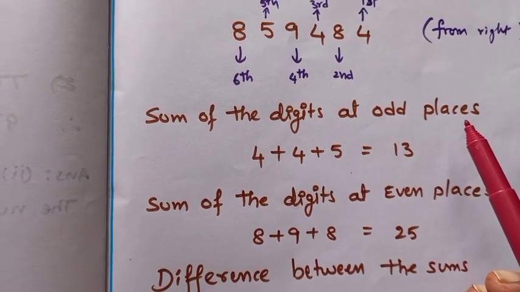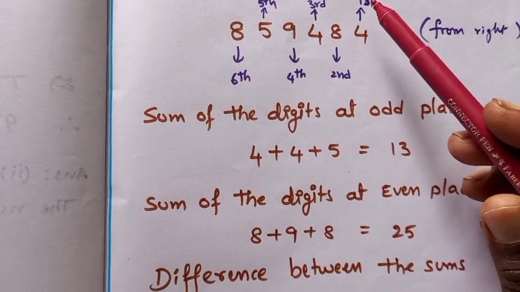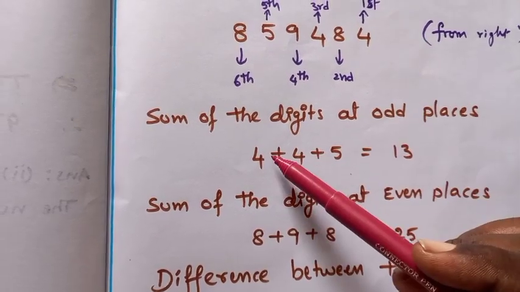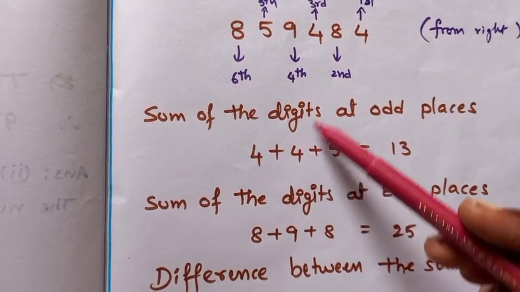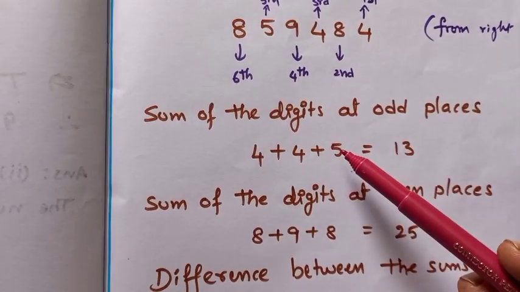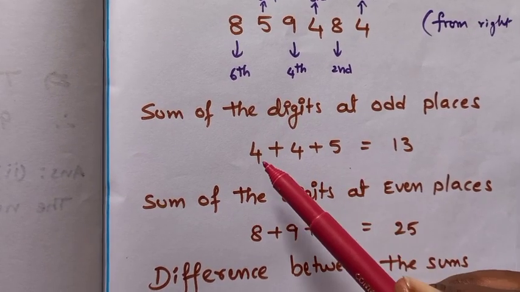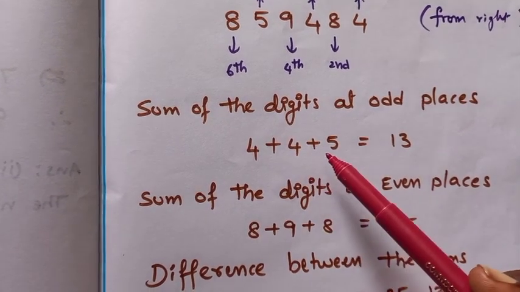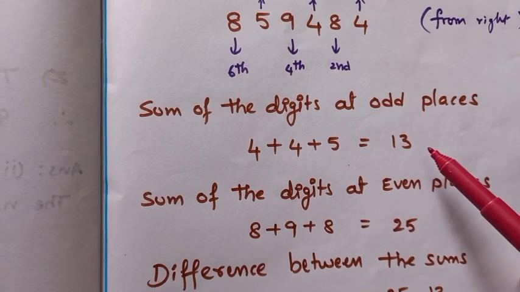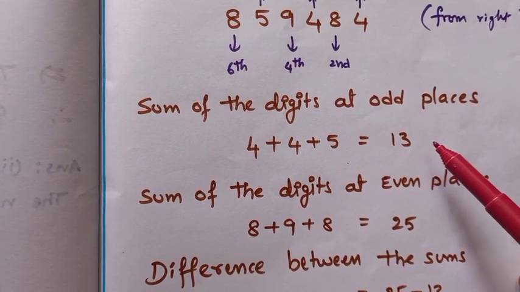Odd places means first place 4, third place 4, and fifth place 5. By adding all these, 4 plus 4 is 8, 8 plus 5 is 13, we get 13.